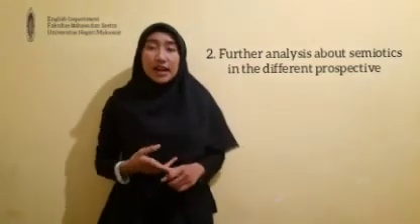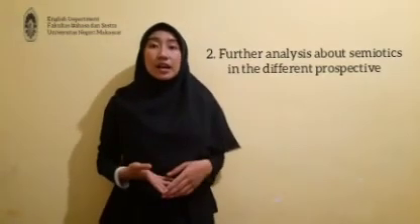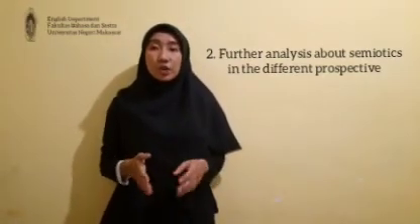The second one I suggest for the next researcher would be to investigate semiotic aspects from different perspectives, because in analyzing semiotic aspects itself, we can continuously develop our understanding of the meaning of the text. So that's all of my presentation today.